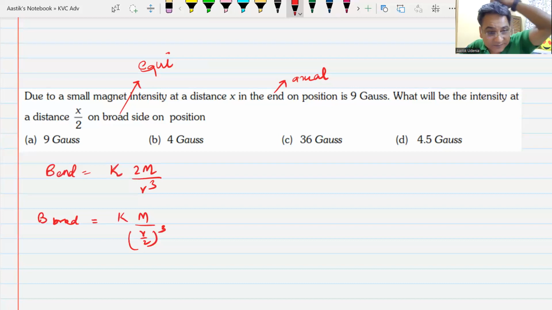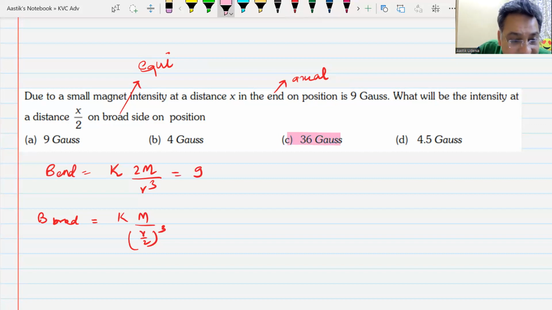Do we understand this? Yes, sir. From there, once you divide, this field is given as 9 Gauss. You have to find out the value of this field. You just have to multiply, divide, and you will end up with this answer. Everyone understands this? Yes, sir.